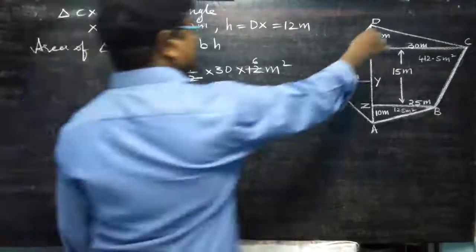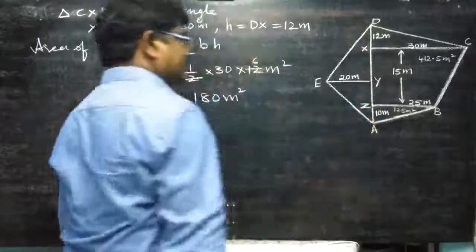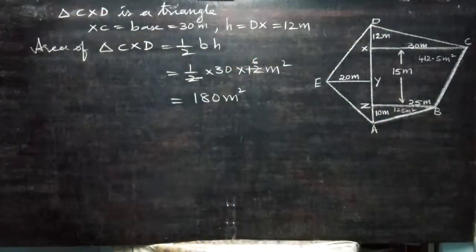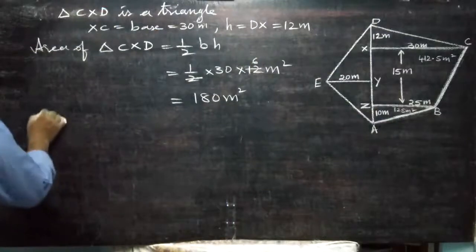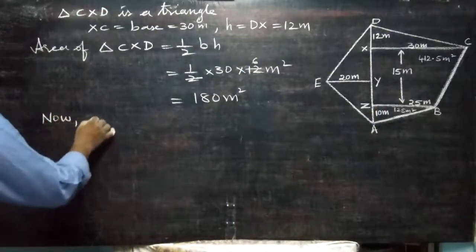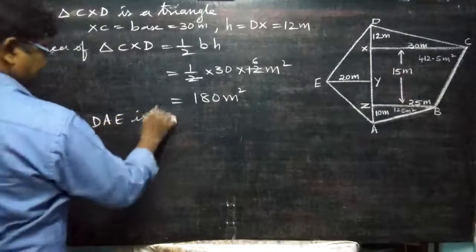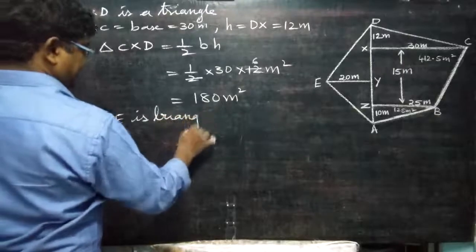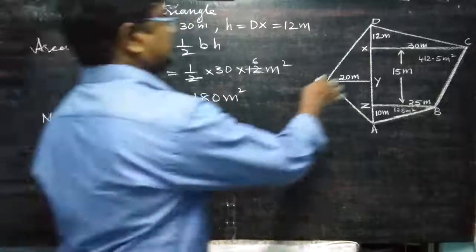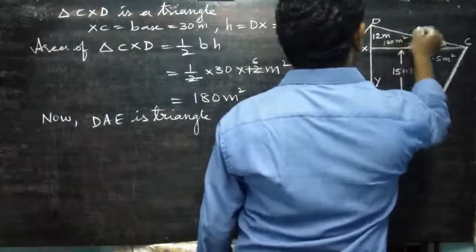Now you take triangle DAE, and AD will become base and EY will become height. Write this 180 here, 180 meters square.